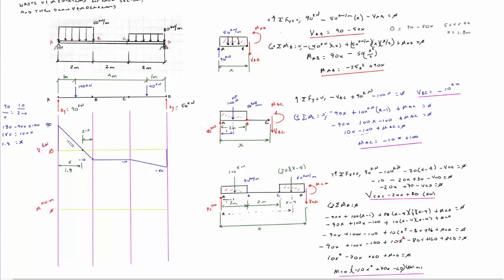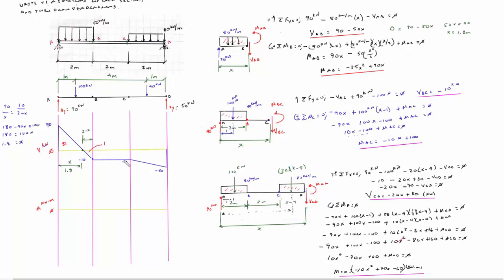So now our areas would be 1.8 times 90 divided by 2. I get 81. In this little triangle here, I'm going to have 10 times 2 minus 1.8, which is 0.2. So you multiply that and divide by 2, you get 1.